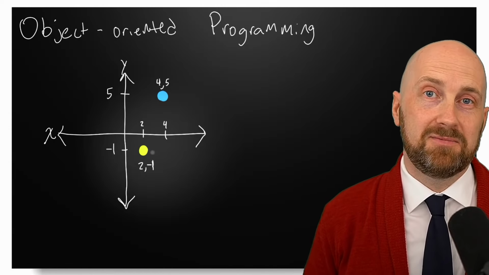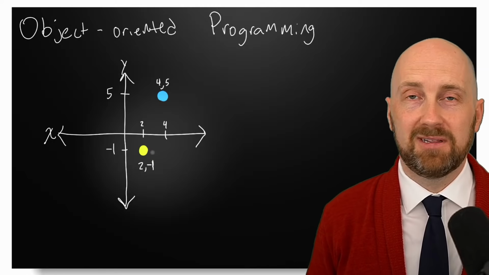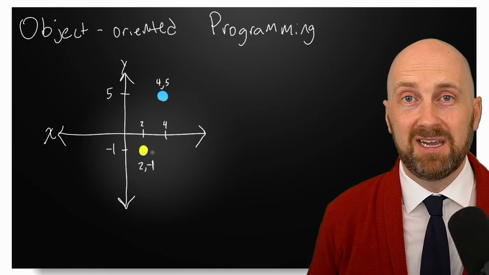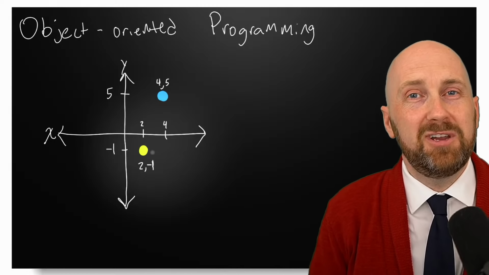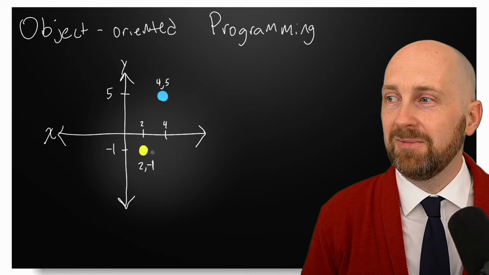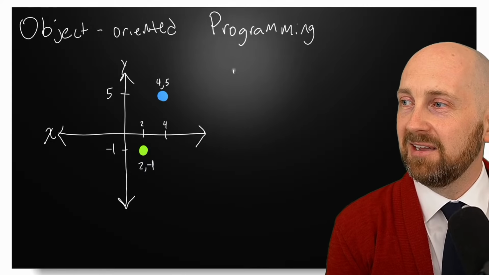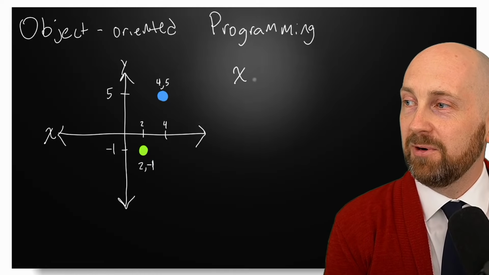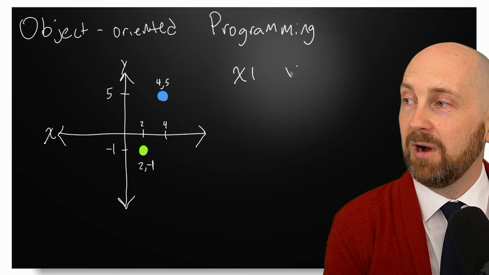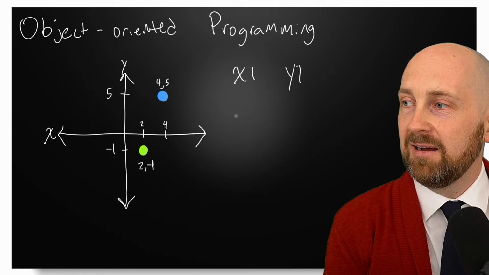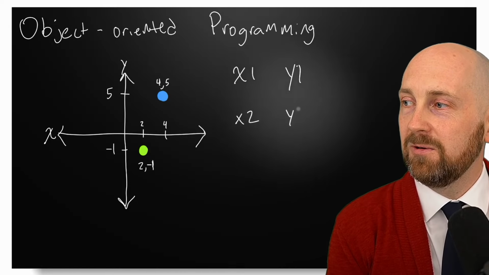Well, we could have two float variables that are unrelated to one another in general, but we can treat them as, for example, if we were writing this in Python, x1, y1, and x2, y2.